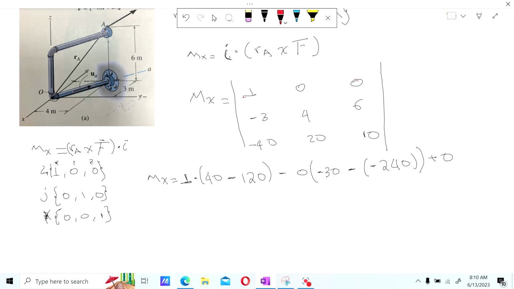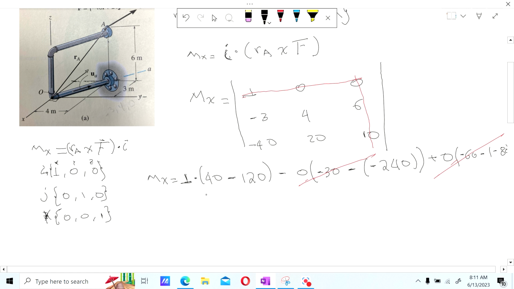Okay, then we cancel this column, and again the first row, because that's just the dot product. Always cancel the first row. And for k, we have 0 in k, and then we have negative 3 times 20, which is negative 60, minus negative 40 times 4, which is negative 80. Okay, but this is 0, so it's good news.